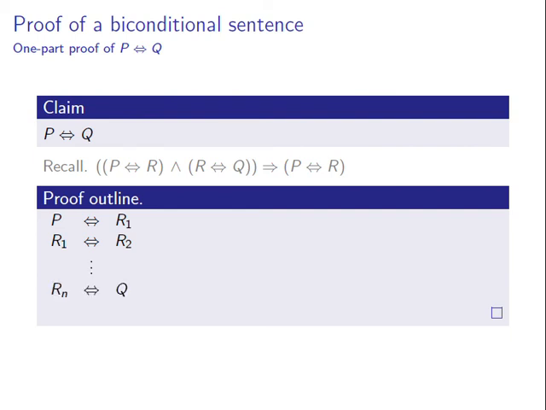We continue this process until we find a statement Rn that is equivalent to Rn minus 1 and equivalent to Q. By the transitive property of equivalence, it then follows that P is equivalent to Q. An example of this type of proof will be given later.